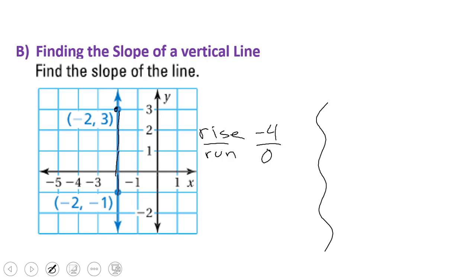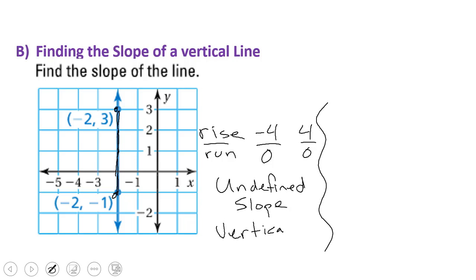Had I started at the bottom point and gone up, I would say that's positive 4 over 0. Well, we know that in our ratio of rise to run, dividing by 0 is undefined. So we have an undefined slope, which is a vertical line, because we can see that it's a vertical line.